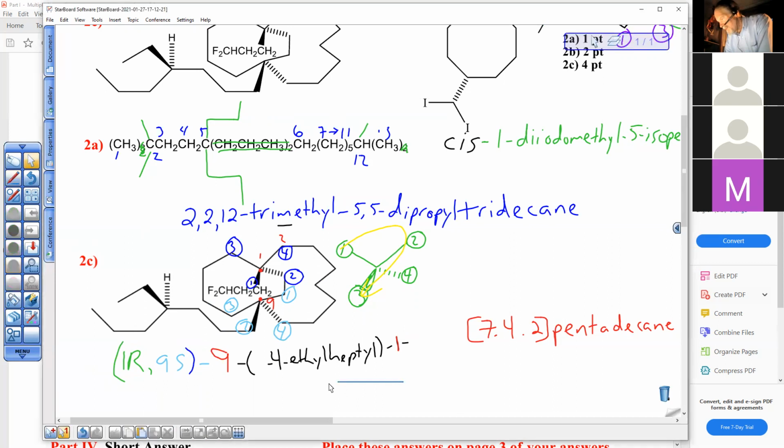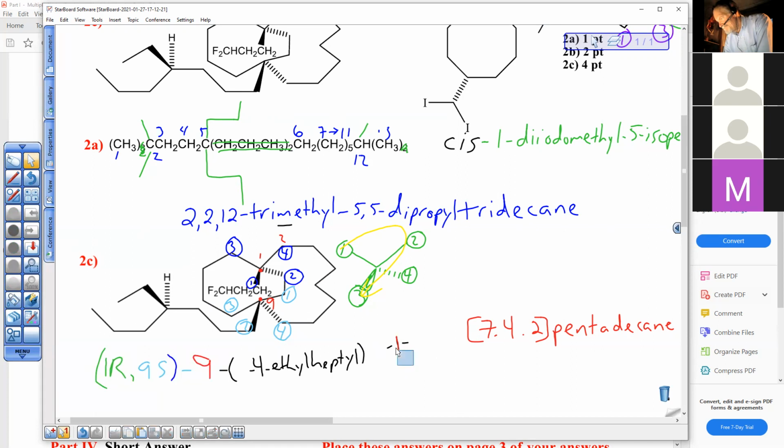I still didn't move things far enough. Yeah, nomenclature's tricky. Tedious. None of the rules are hard, they're just annoying. It's a 3,3-difluoro.